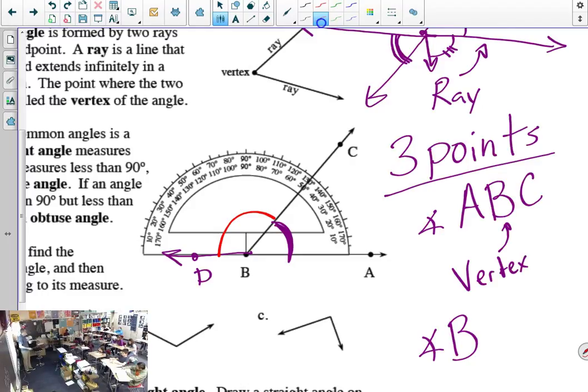Who knows? If I just say B, we don't know. But if I say A, B, C, I know what rays to use. I know what the vertex is. I know which angle it is. So that's why we use 3-point angle notation. So take a moment with your partner, decide how big is angle ABC. I'm going to clear all this stuff real quick. How big is angle ABC, and how do we know?